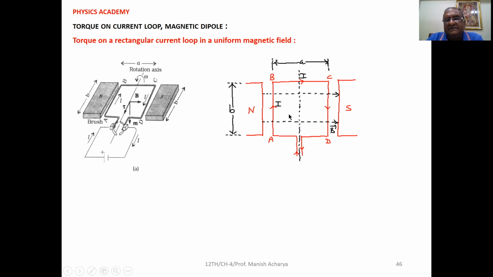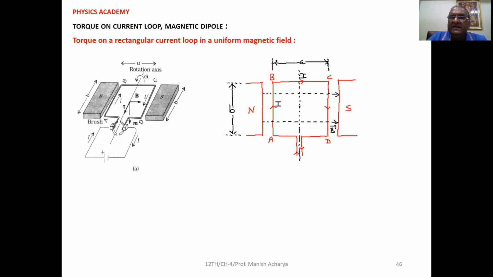At present, the loop is placed in the magnetic field in such a way that the plane of the loop is in the plane of the magnetic field.